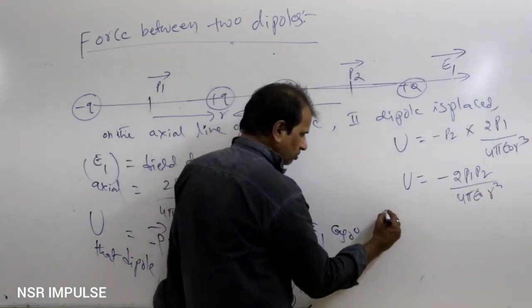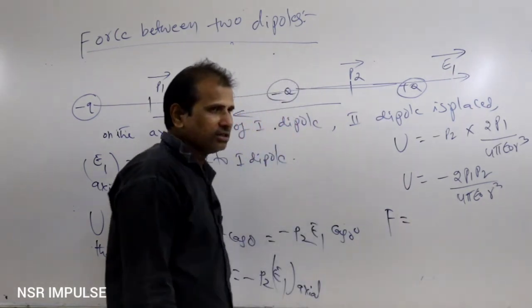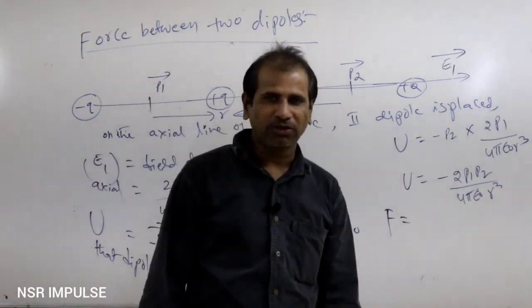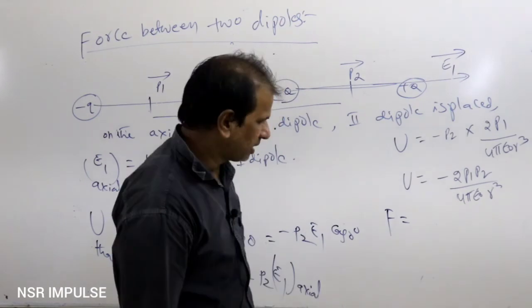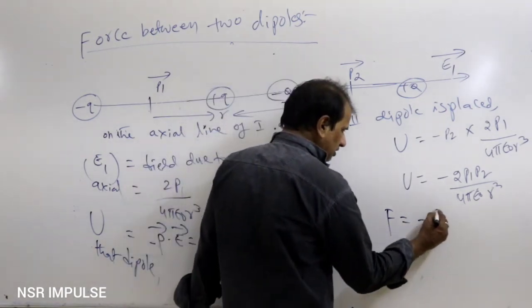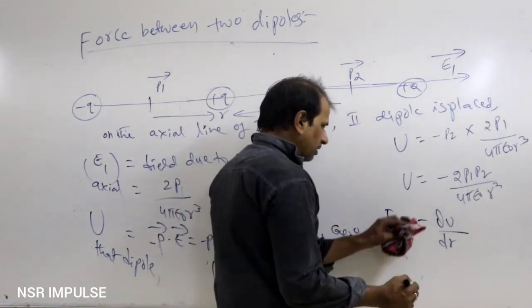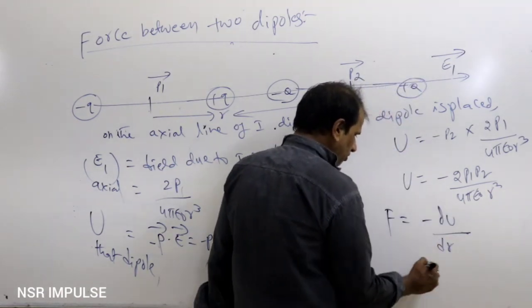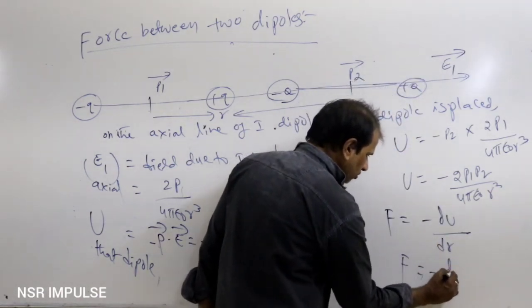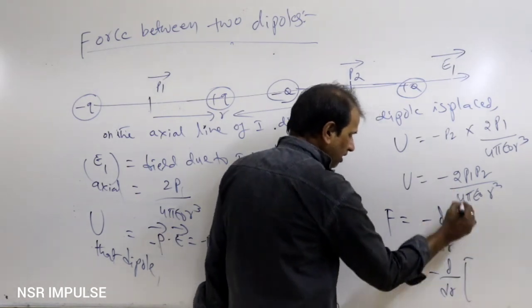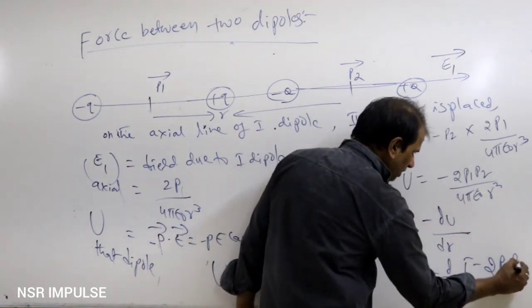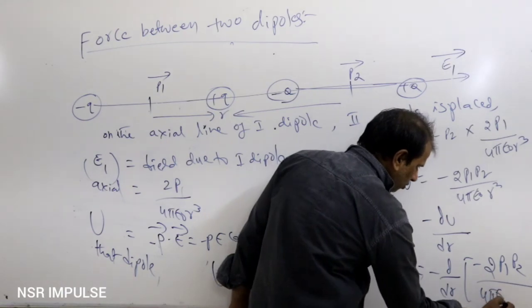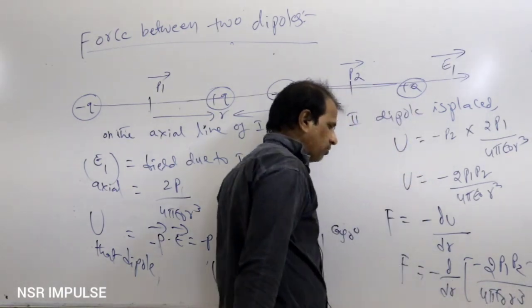Now, the force between two dipoles. According to mechanics, in the work power energy chapter, there is a relation between force and potential energy: force is equal to minus dU by dr. So force is equal to minus d by dr of minus 2P1 P2 by 4 pi epsilon naught R cube.